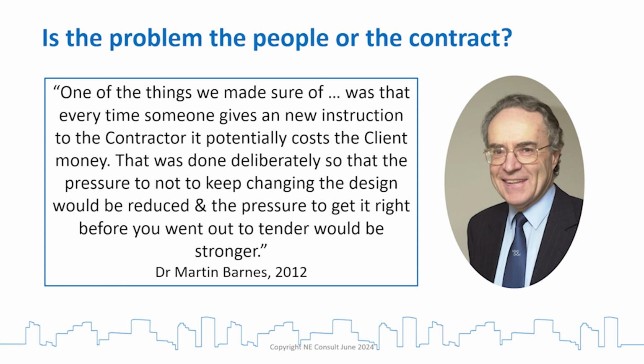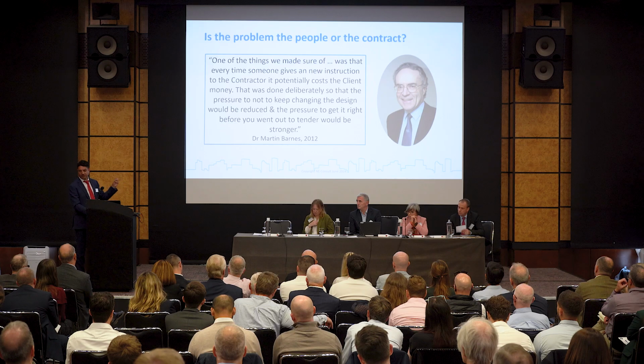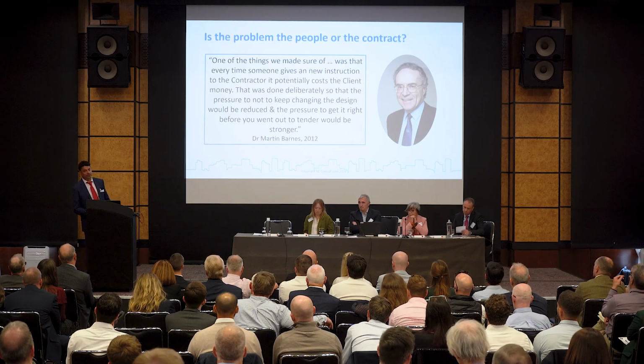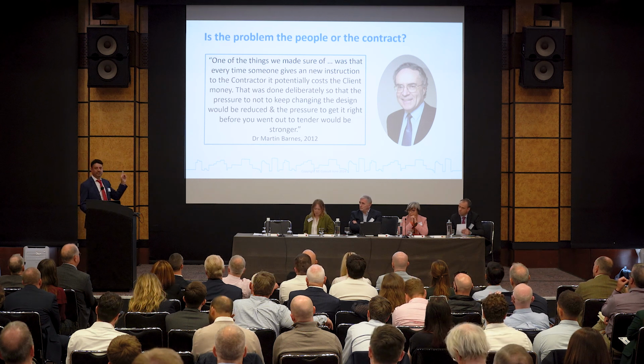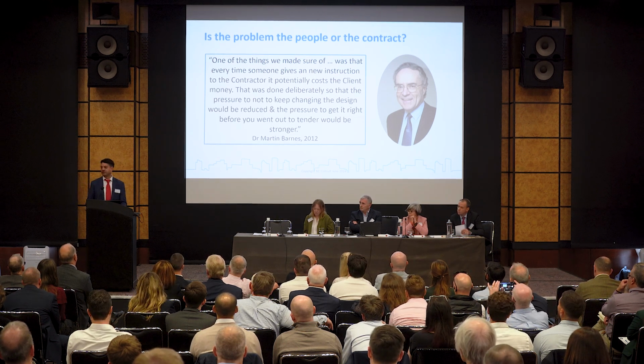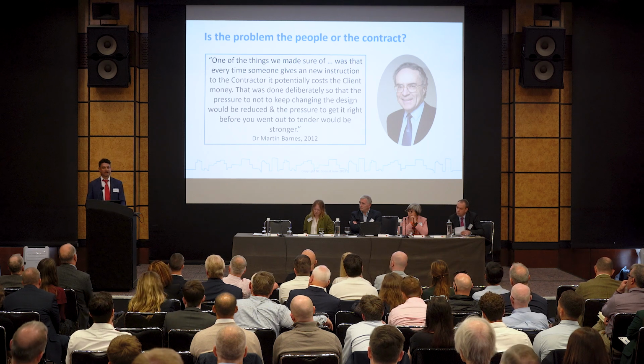Okay? So there's a question mark, and I've seen it on multiple projects where we go out too soon, maybe? Or maybe we choose an inappropriate procurement strategy. Because NEC was not designed for that. It was designed that you would have sorted out your design. And it would be complete.